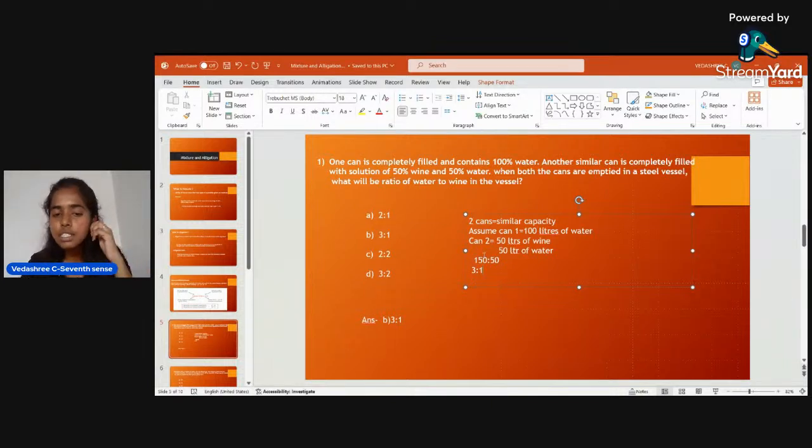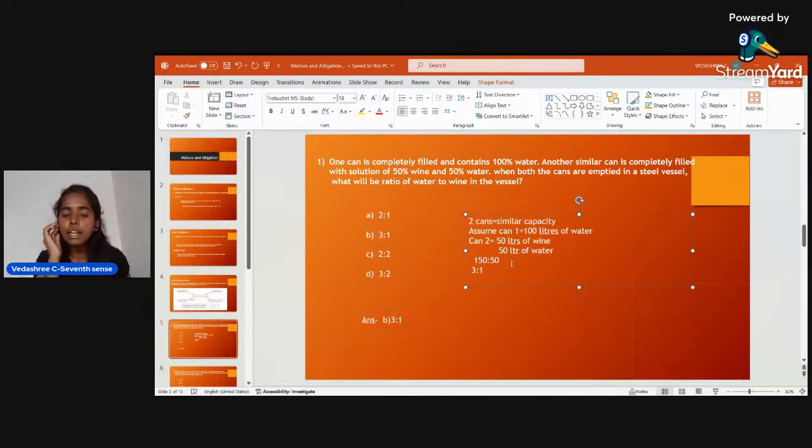So what is the procedure? First we consider two cans with similar capacity, as given in the question. Next we assume can 1 is equal to 100 liters of water, because it is given that one can is completely filled and contains 100% water. Another similar can, can 2, is equal to 50 liters of wine and 50 liters of water. When both cans are emptied in a steel vessel, we get 150 liters of water and 50 liters of wine.